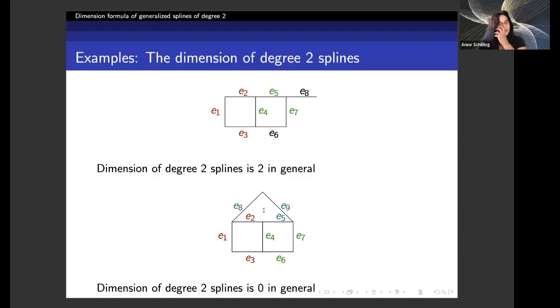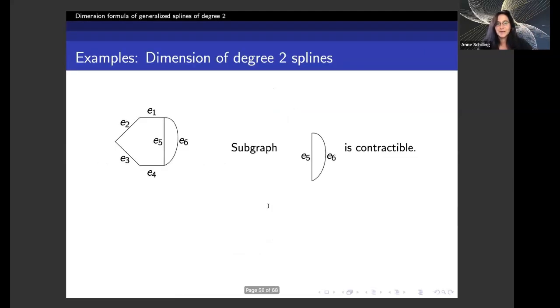So in this case, the dimension of the degree 2 splines would be 0 in general, because I have 9 edges minus 3 times 3 faces, so the result is 0. And since there are no contractible subset of faces, I didn't have to do any contraction. So you can see it's relatively easy to actually compute this.